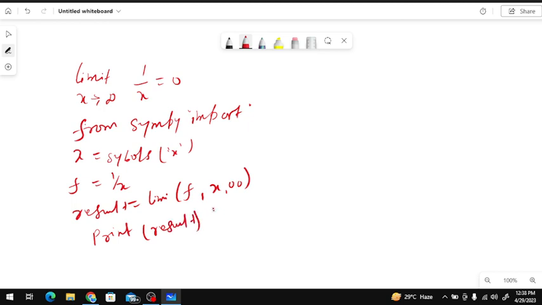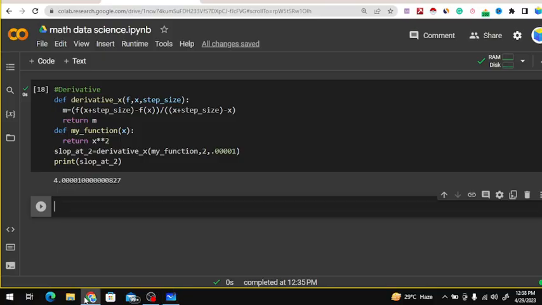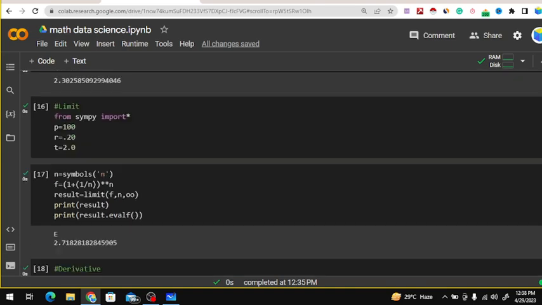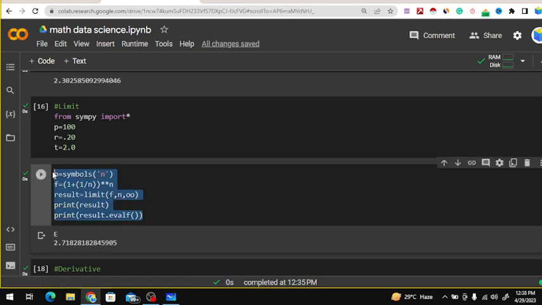So you get the output. Let's see how to get the output. Go here and you will see the limit I have written, and this is the way, and I have gotten the output here.